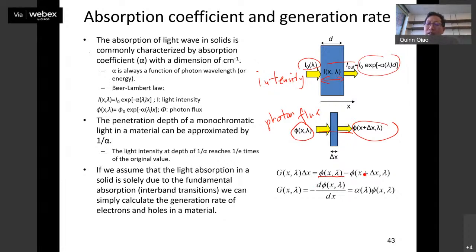That's how much difference has been absorbed by this film. If you take the gradient with x, because the x-axis is x, that will give you the generation rate. The generation rate is equal to the absorption coefficient multiplied by the photon flux. That's a very basic equation.